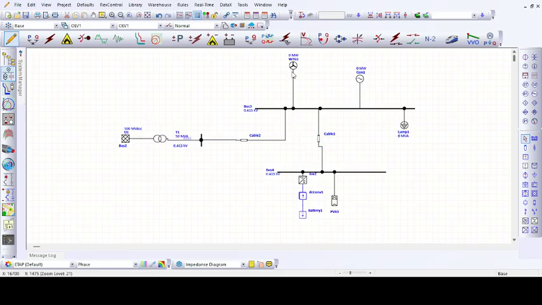Click OK. So go with the wind turbine generator. I'm planning 3 megawatt of generation with 415 volts. The remaining things are enough. Next the generator. The rating is about 10 megawatt.